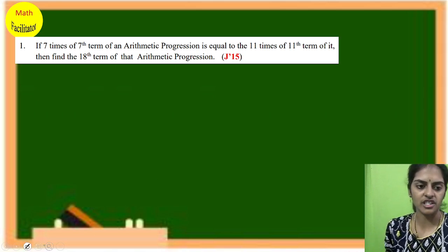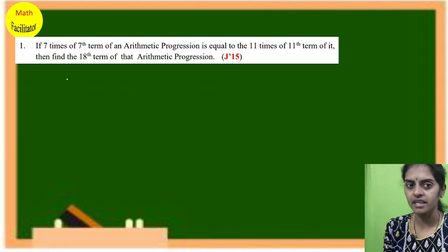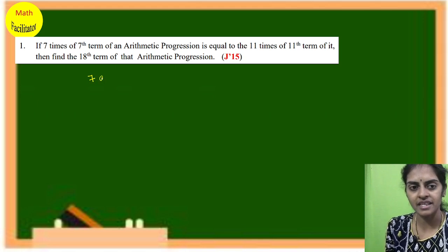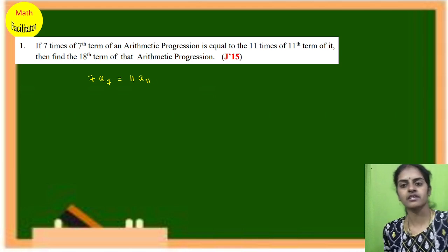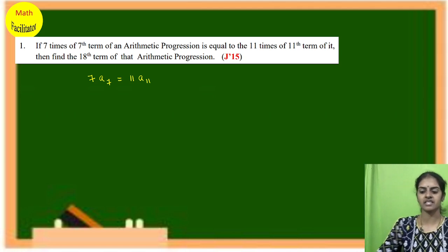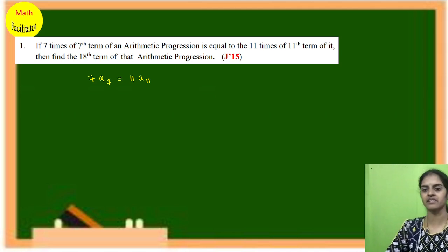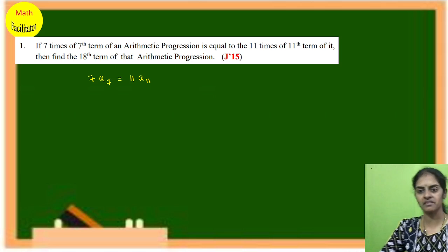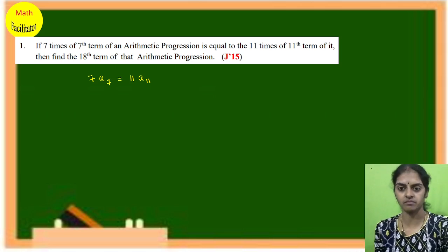The very first question on your screen: if 7 times the 7th term of an arithmetic progression is equal to 11 times its 11th term. So this is the equation we need to write, very simple: 7 times the 7th term should be equal to 11 times the 11th term.